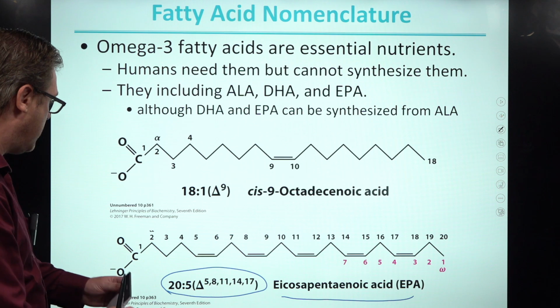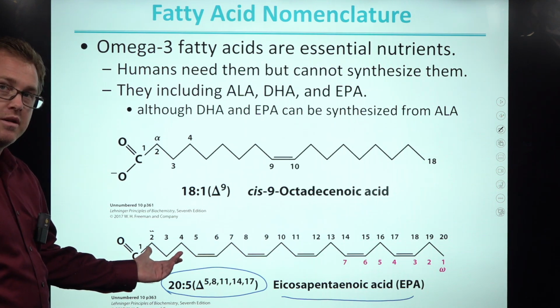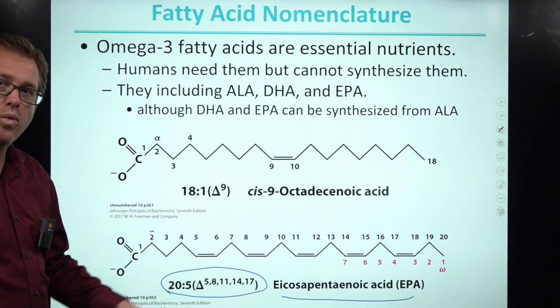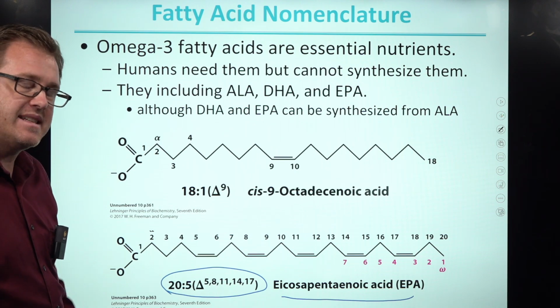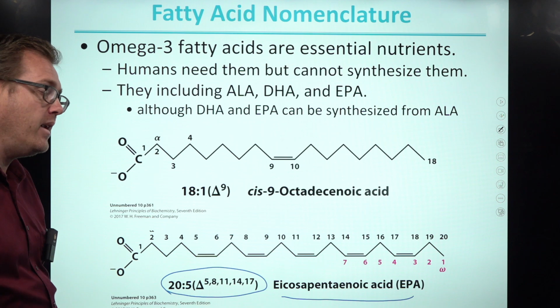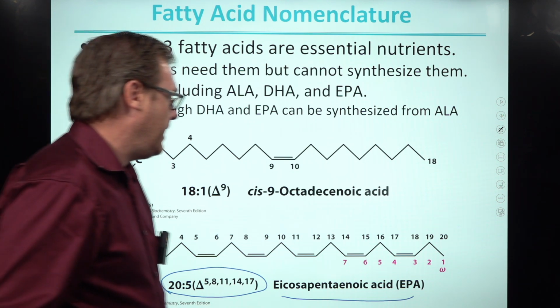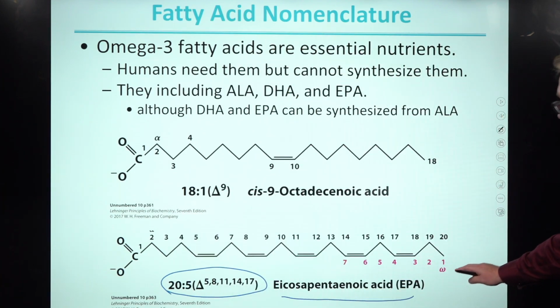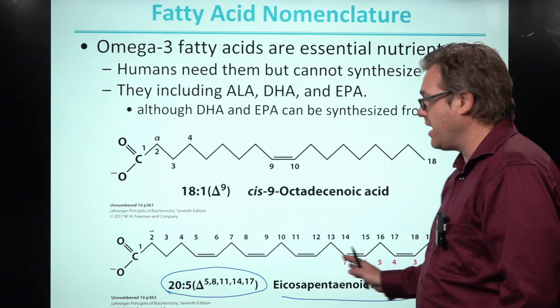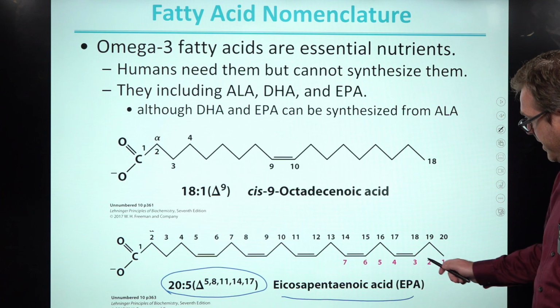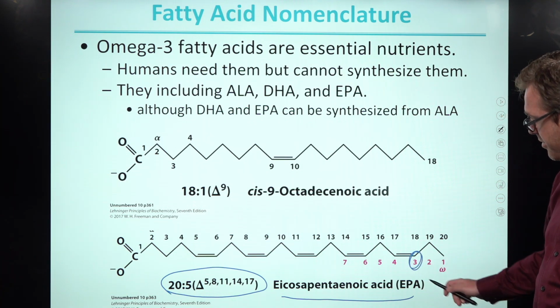But if I draw this molecule and ask you what type of fatty acid it is, omega-1, 2, 3, and so forth, what you're going to do is start from over here and look: where do we bump into the first double bond of the 5? We bump into it at carbon 3.